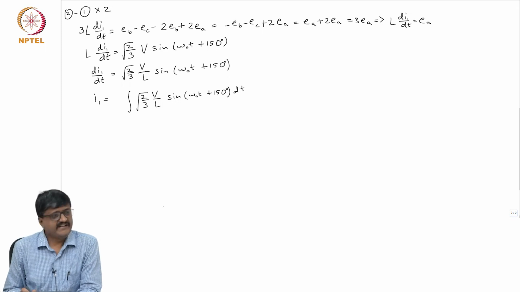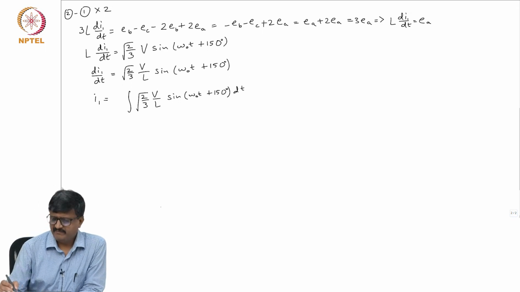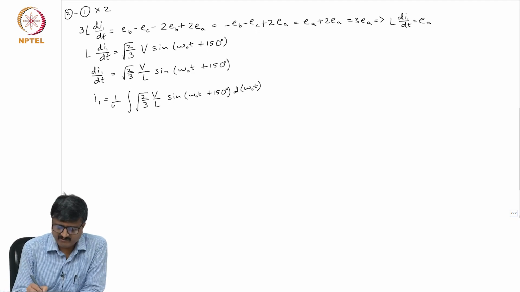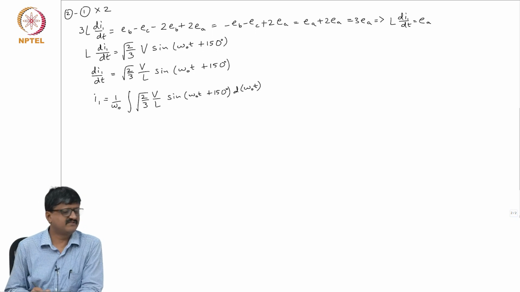Now integration with respect to time will be a bit difficult, so I will multiply and divide by omega o. Omega o is a constant, so that I can put limits on angle instead of time.